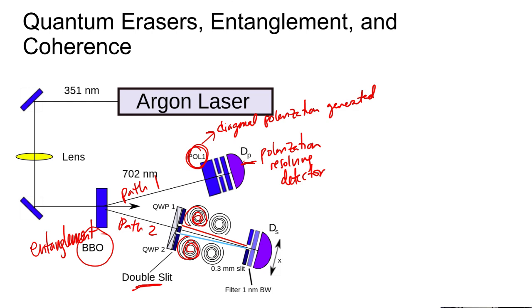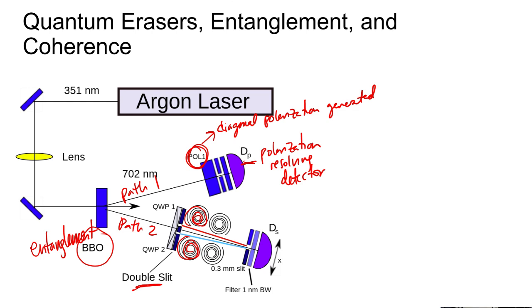The last part of the experiment is I place a linear polarizer, which wasn't there before, in the path of the first photon of the entangled pair. This is going to generate diagonal polarization in my first photon.